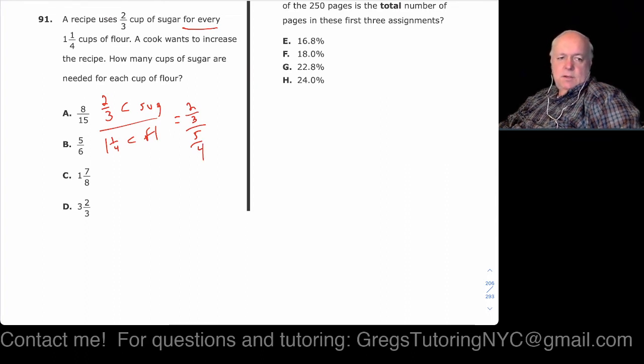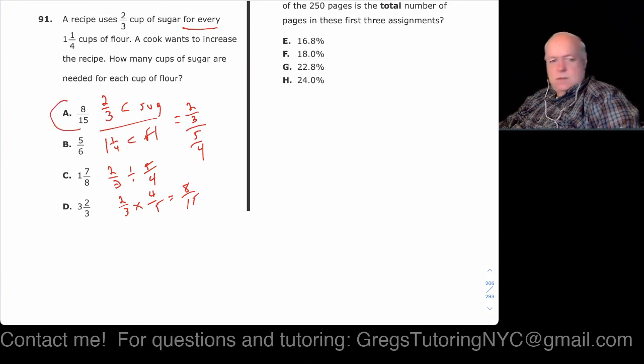And that's our usual 2/3. Again, write it in longhand. Divided by 5/4. That's the same as 2/3 multiplied by 4/5. And that's 8/15. And that gives us A, and we're done if we want to be.